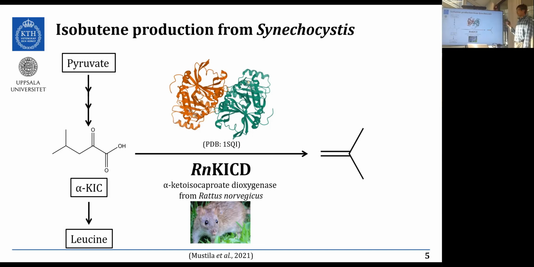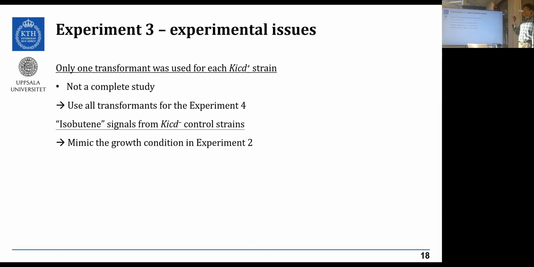And next is the isobutene signal from the KTH minus control strain. At that moment, I did not have an explanation or solution. So in experiment 4, I just tried to mimic the conditions in experiment 2, where I did not detect any isobutene from the KTH minus strain.